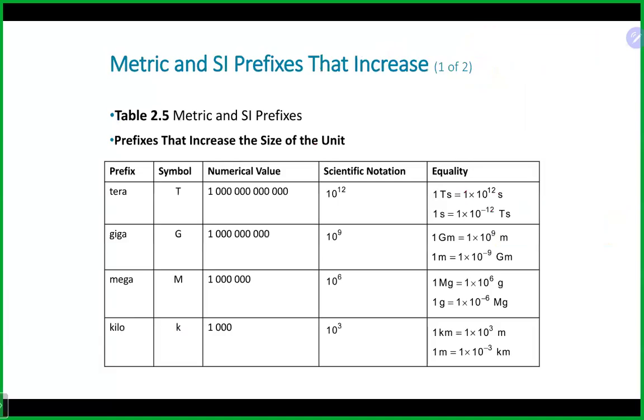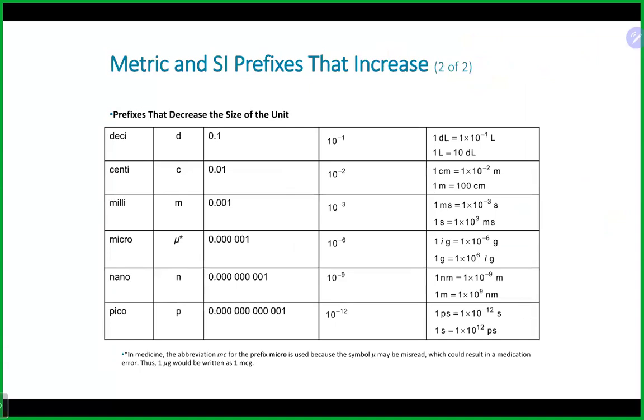Here is a table from your book of some of these common prefixes. I'll be honest with you, I don't know how much tera, giga, and mega will come across. Maybe a little bit, but definitely kilo you do see a lot, which again was that 10 to the 3. And definitely deci, centi, milli do pop up a lot, those kinds of conversions.